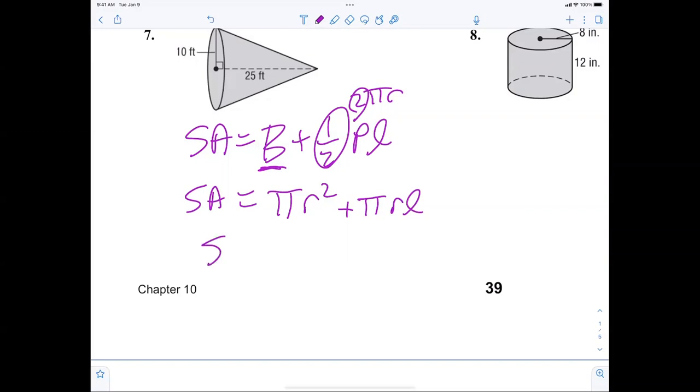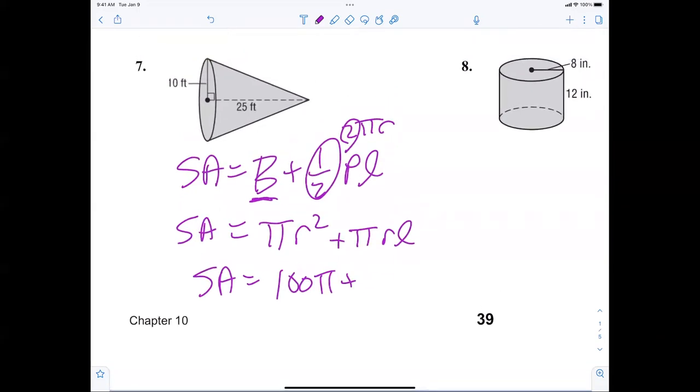So here we go. Surface area is equal to, what's the radius? So the area of the base would be 100 pi. Thank you very much. Plus, now, what is the slant height? So again, I'm giving you another chance here. Not doing 10 squared plus 25 squared, right? Because it's Pythagorean theorem, correct?